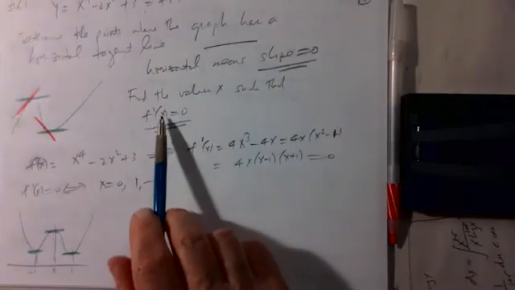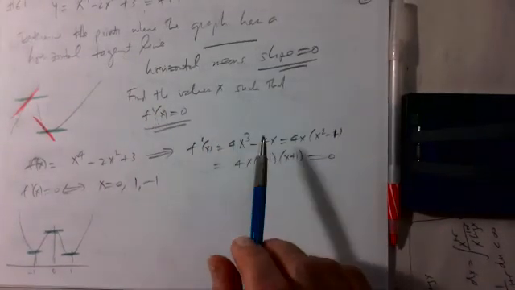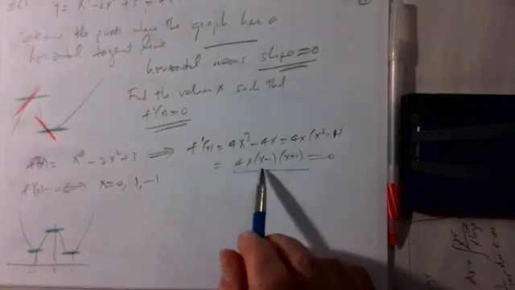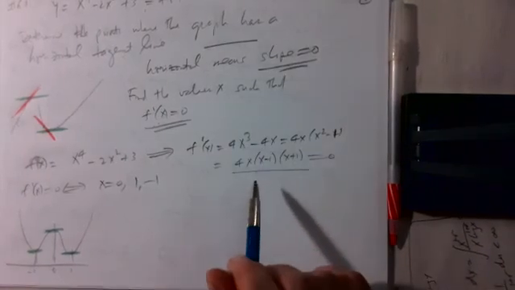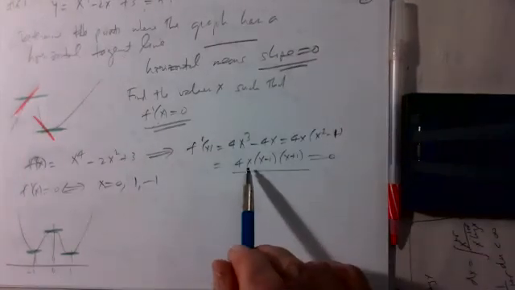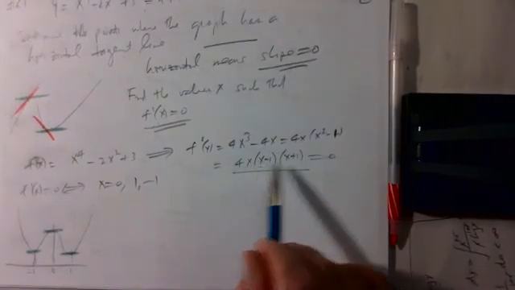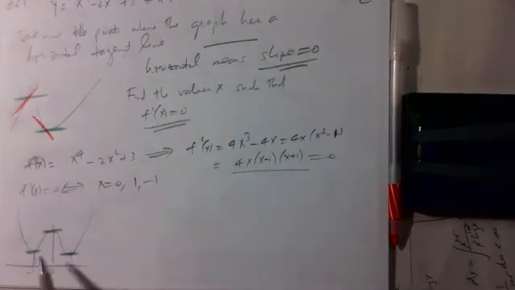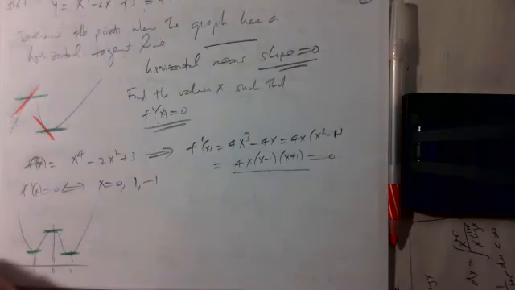You get 4x cubed minus 4x, and we're lucky that it factors completely. It's easy to factor. So we get 3 values, 1, 0, and minus 1, where this is 0. So we get these 3 points on the curve where the tangent is horizontal.